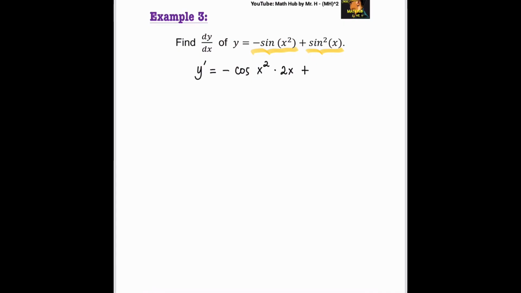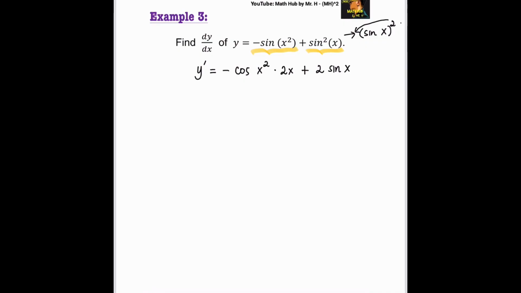And you know that sine squared x is the same as quantity sine of x to the power of 2. Alright? So we can find the derivative by putting down the 2 in front. So chain rule. And then we copy the base, sine x. Then we subtract 1 from the exponent.